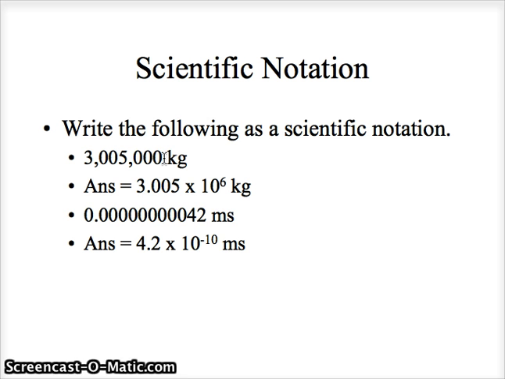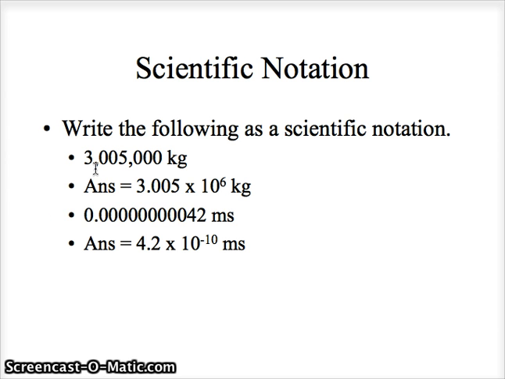We're going to be moving this decimal point 1, 2, 3, 4, 5, 6 times. So that is essentially the power n. Our answer will be 3.005 times 10 to the 6th. The reason why it's times 10 to the 6th is because we moved the decimal point to the left 6 times.